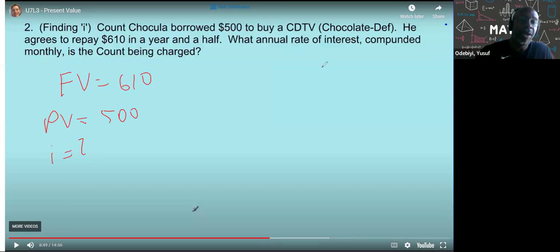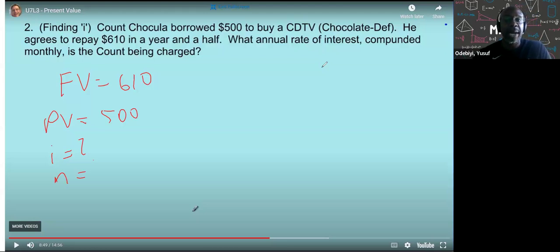The interest rate, we don't know. The compounding period, we do know. It says compounded monthly, and it's for a year and a half. The key is it's a year and a half.